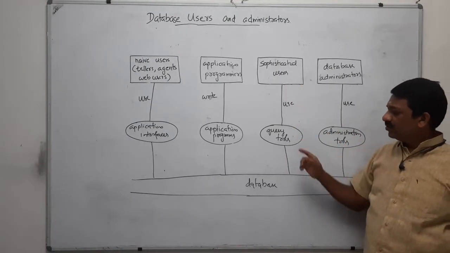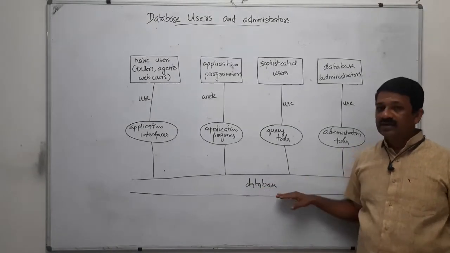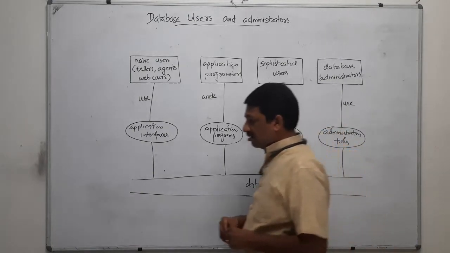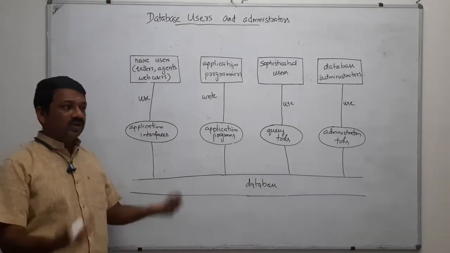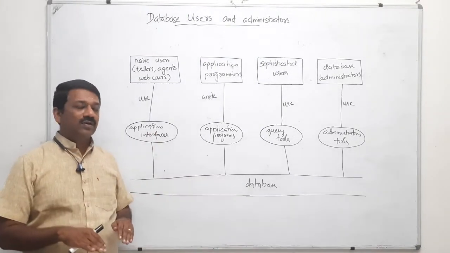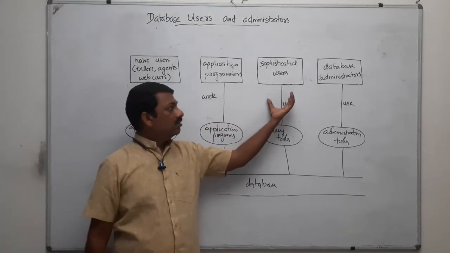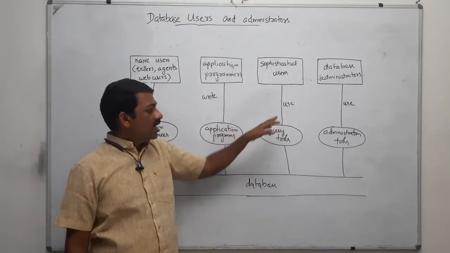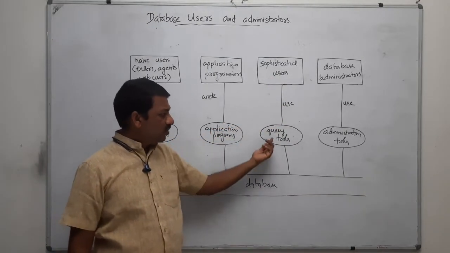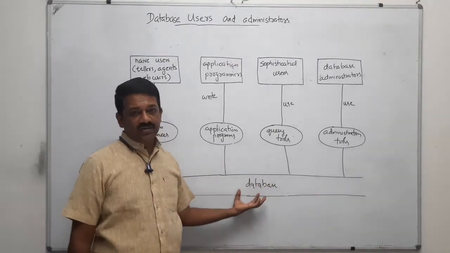They use these query tools for manipulating or designing this database. Suppose they want a new table to be inserted or a table to be dropped, etc. All of this is done by these sophisticated users, and they use query tools for accomplishing that.